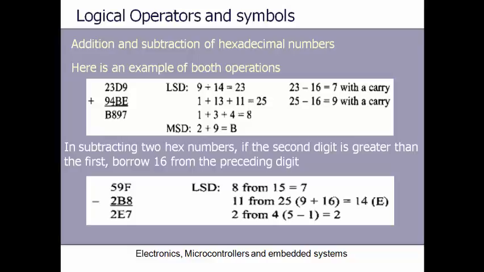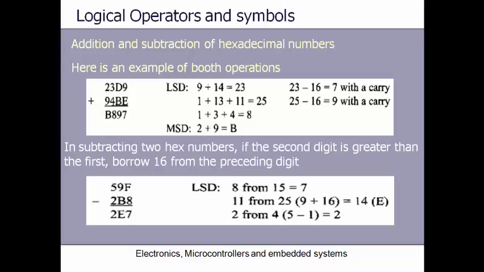F minus 8. Okay, F is 15, so we can make the operation. But in the next one, we have 9 and B. B is 11. But we cannot make the operation, so we take 16 from the next one, as shown here.